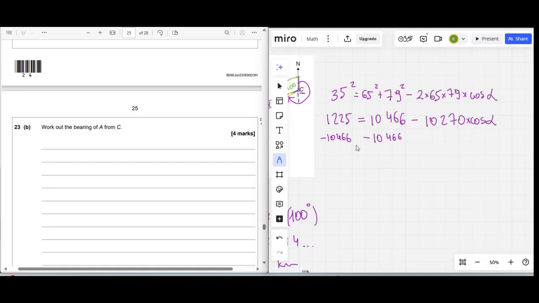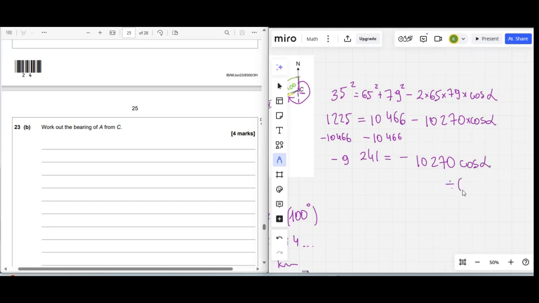1225 minus 10,466 is negative 9,241 equals negative 10,270 cosine alpha.